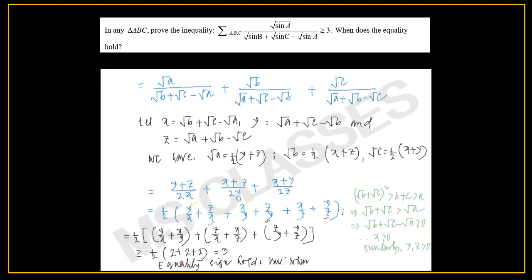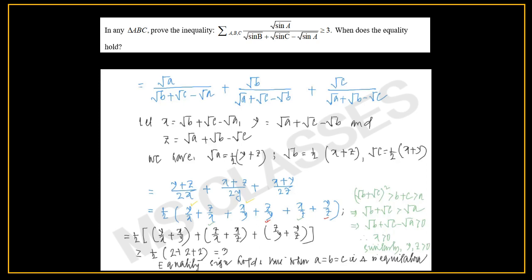So the equality holds true when these terms are equal, that is x equal to y equal to z. When x equal to y equal to z, a equal to b equal to c. So here we say when a equal to b equal to c, that is, the triangle is equilateral.